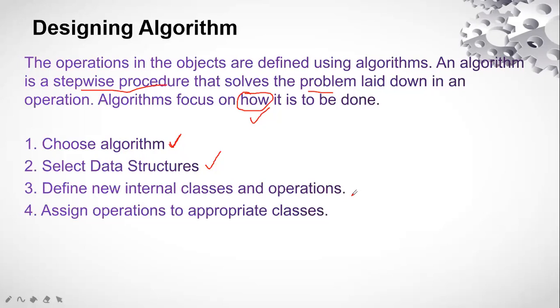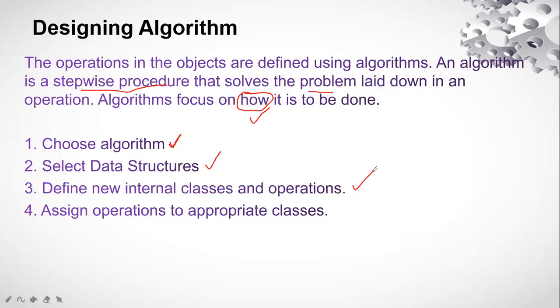Next one is define new internal classes and operations. What does this mean? See, when we invent new operations, certain high level operations are decomposed into low level operations, right? So when we expand the algorithm, we need to create new classes of objects to handle intermediate results.